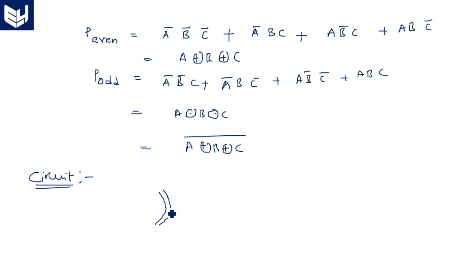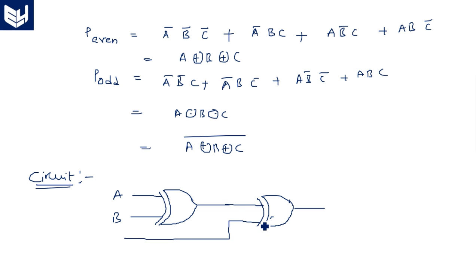Take a 2-input XOR with inputs A and B, and the output passes through one more XOR gate with input C, giving A XOR B XOR C. This is the even parity.